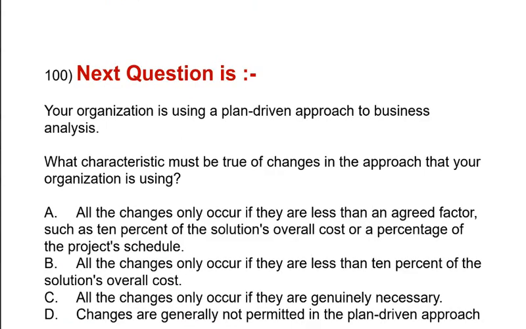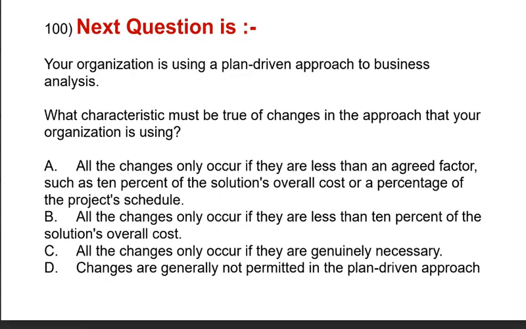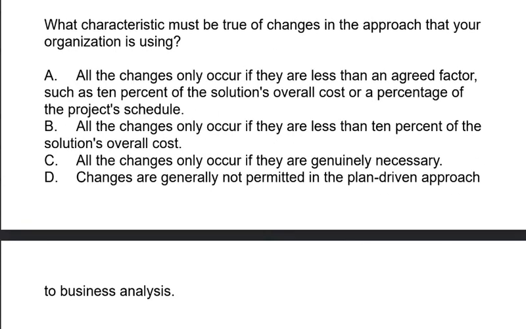Question is, your organization is using a plan-driven approach to business analysis. What characteristic must be true of changes in approach that your organization is using? Option A, all the changes only occur if they are less than an agreed factor, such as 10% of the solution's overall cost or a percentage of the project's schedule.